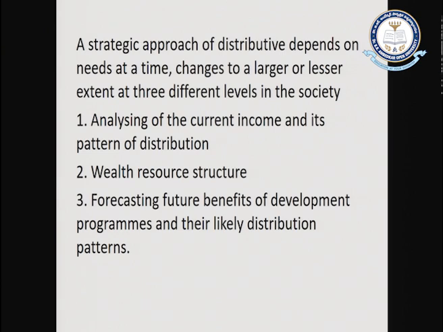Based on that, we ensure that there are different slabs for taxes and so on. For the poor people, the government is going to have a policy where the taxes are less, they are going to provide food at a subsidized rate, they are going to take care of health and so on. So, it may vary from time to time and from place to place based on the current income levels and the distribution patterns of the individuals.